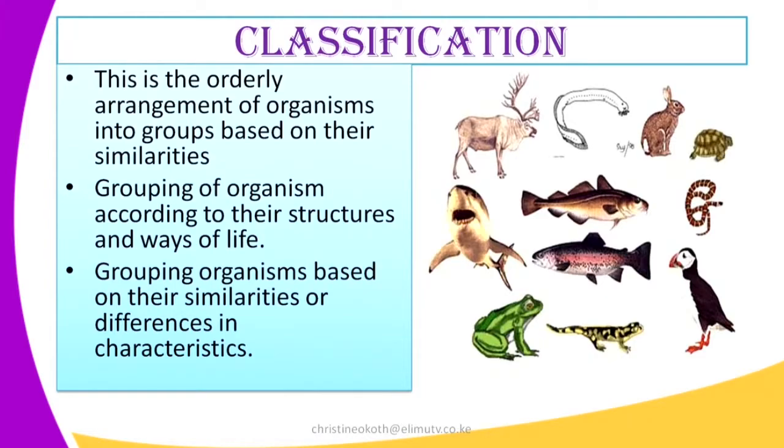They have gills, so we can classify them with regard to their external structures, which are the scales, the gills, and the fins. So they are in a different group, which is the fish species. The amphibians are animals that can live in both land and water. They have developed lungs, so they can live on either land or water. So we classify them based on what they have, either internally or externally.